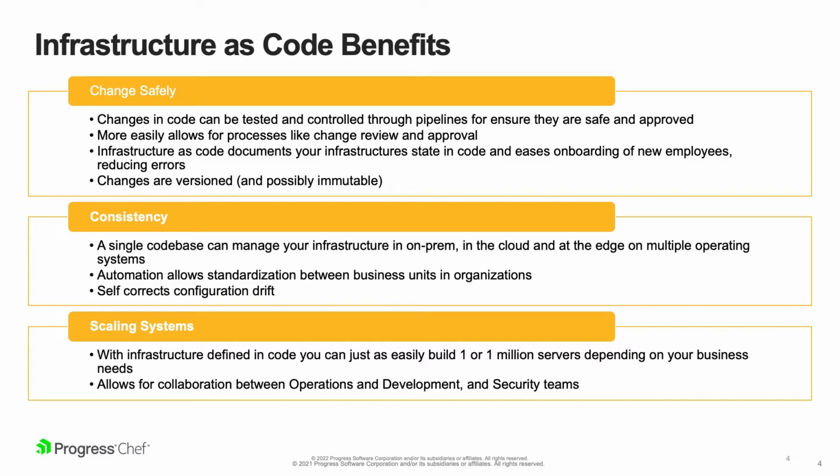One of the key things when we talk about automation this way and configuration management is to make changes safely, consistently, and at scale. I won't read all the points here, but as your systems change, that first day is the easiest day really for managing a node. It's what do you do after that, and how do you keep them configured over time?